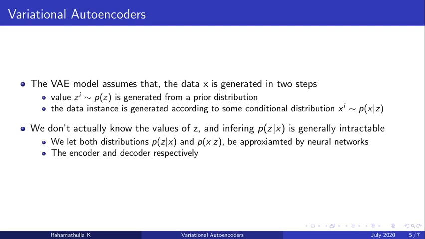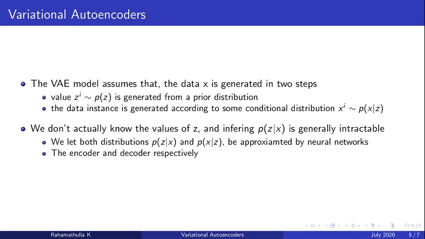So the variational autoencoder model assumes that the data X is generated in two passes or two steps. The value Zi is obtained from a probability distribution Pz, which is a prior distribution.